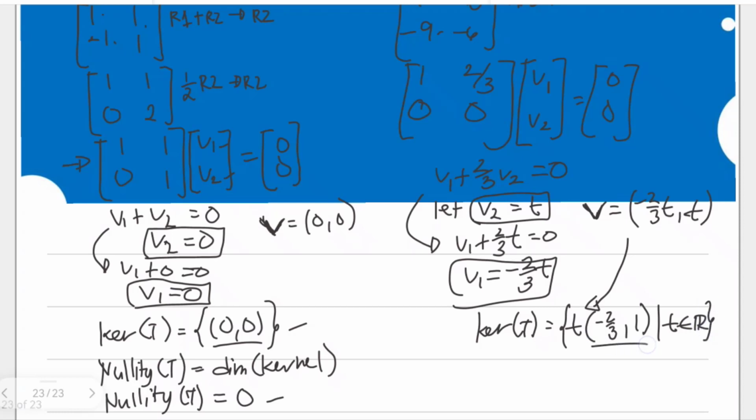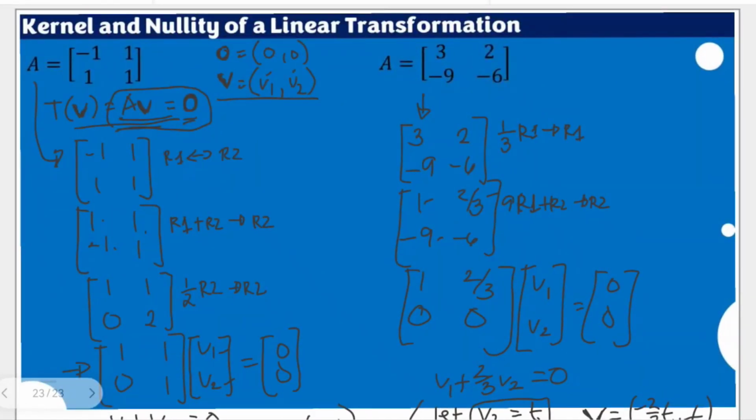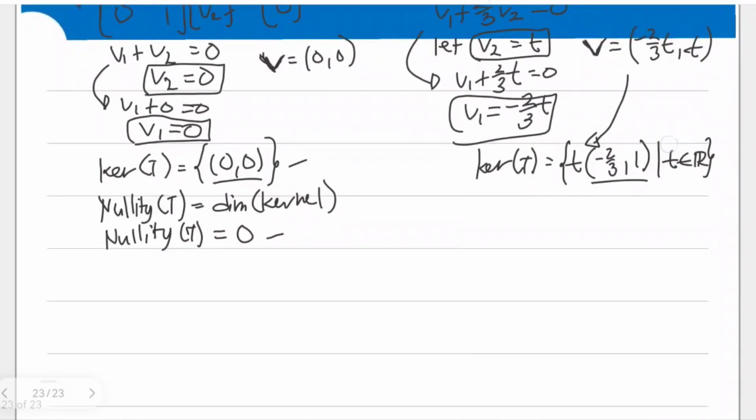We have one vector, and all of its multiples make this matrix equal to the zero vector. This is the kernel of T. However, the nullity of T talks about the dimension of the basis of the kernel, and we only count this as 1.